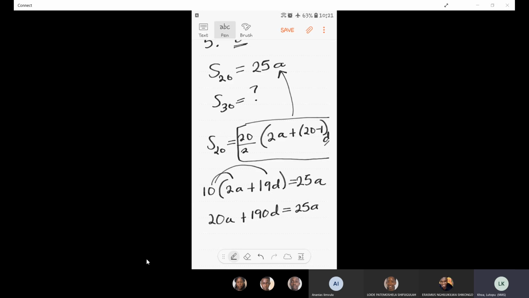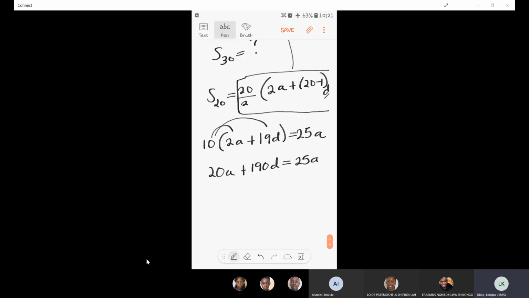Then what I will do is collect all the terms on one side, and just have 0 on the other. So I can subtract 20A on both sides. So I will have 5A minus 190D, and this is equal to 0. Now we have to keep in mind what it is we are looking for.